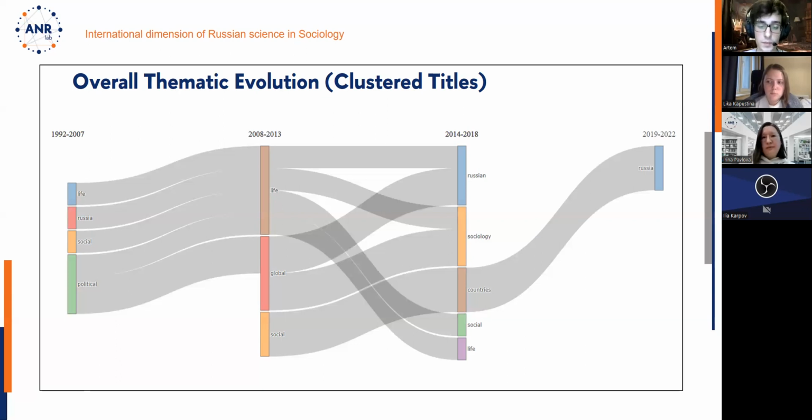The main source of this was discussing global issues, and we can also see that in the next and final period, the discussion primarily moved towards Russian issues. This image, however, may not be as informative as the next pictures.